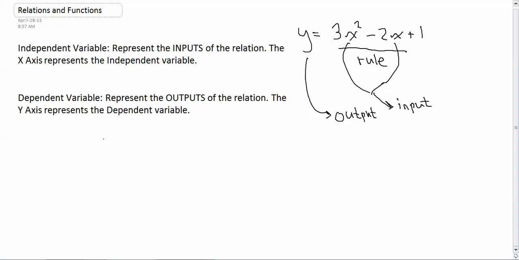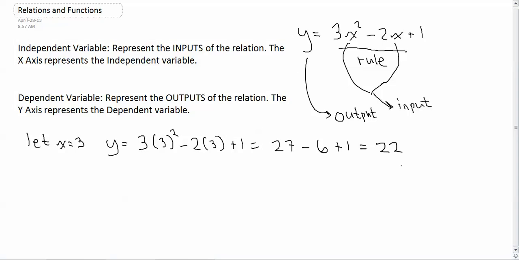For instance, let's say that I let x be equal to 3. Well, we want to know what y then has to equal. So it would be 3 times 3 squared minus 2 times 3 plus 1.